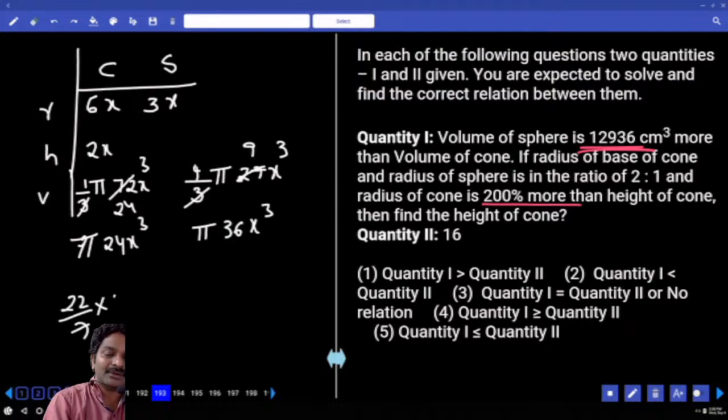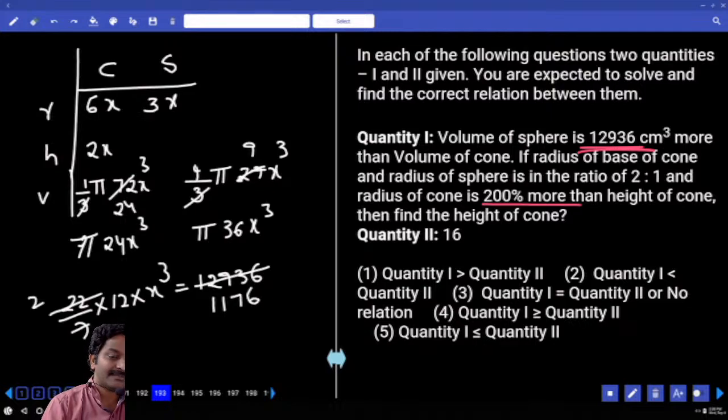22/7 into 12 into x cube is equal to 12,936. 11 2 times, 11 ones, 7 times, 6 times.